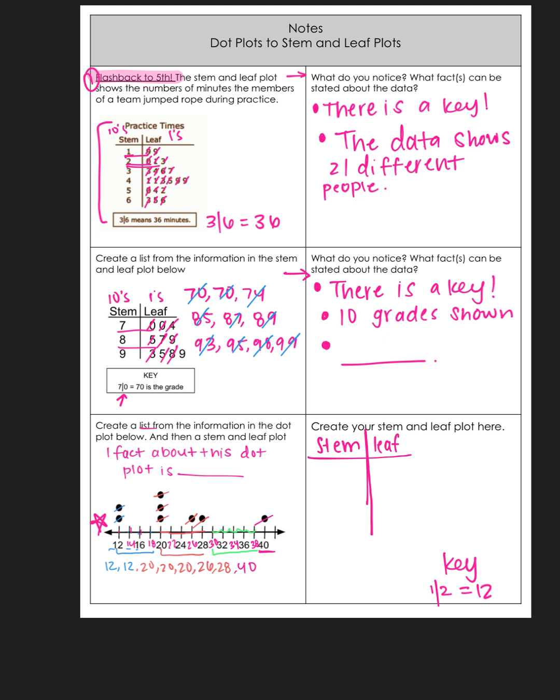So that means that our stem is the tens place and our leaf is the ones place. Remember when we said we go all the way from 12 to 40, so when we represent that on the stem, we want to have enough values for that. So we're going to write 1, 2, 3, 4. This is going to represent 10, 20, 30, and 40, remember?